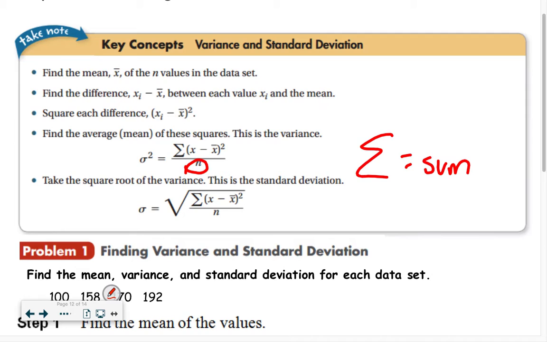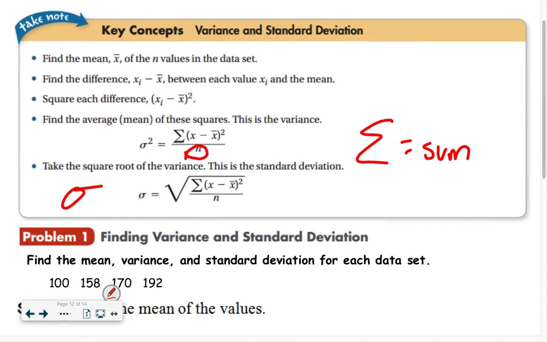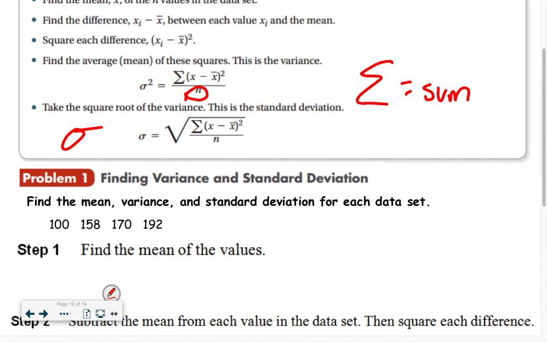The formula might be useful to you, but I think it's just easier to remember step by step what happens. But that is the formula. Our standard deviation is our sigma. The standard deviation squared is what we call variance. So when it asks for the variance, you use this formula.